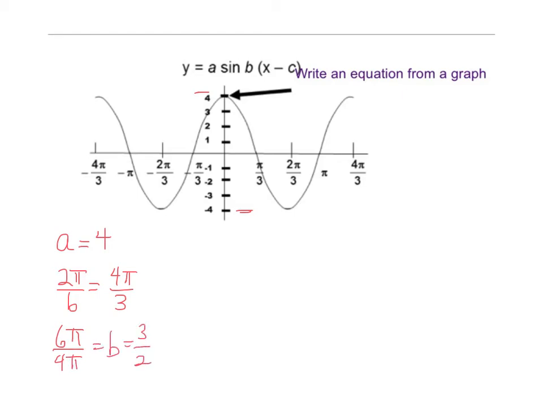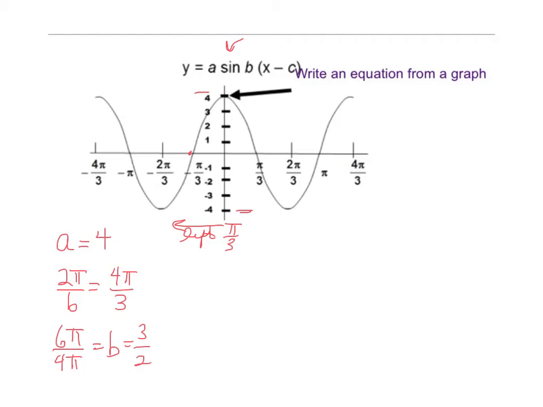All right. Now, this time it says write it using sine. But it starts up here, so it does have a translation. If I'm using sine, sine would normally be here. So that means that the graph has been moved to the left. How much? Well, it looks like pi over 3. So C is going to be pi over 3.